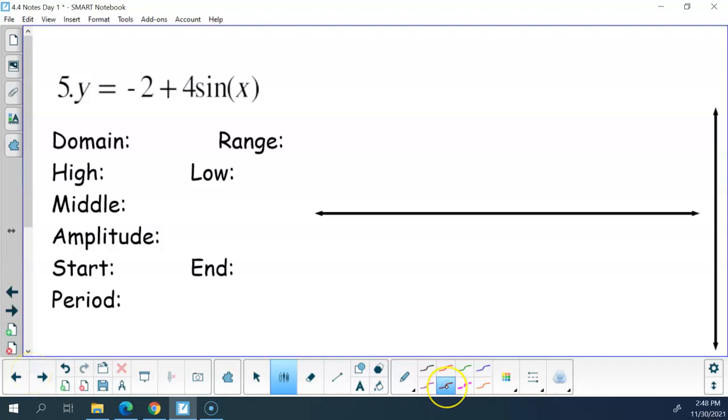All right. Domain. I got all real numbers. Middle. I got -2. Amplitude. I got 4. Which would put my high at +2 and it would put my low at -6. Start, end, period. 0, 2 pi, 2 pi.